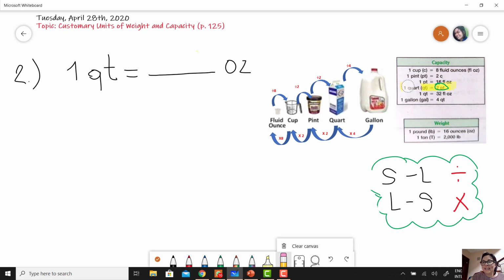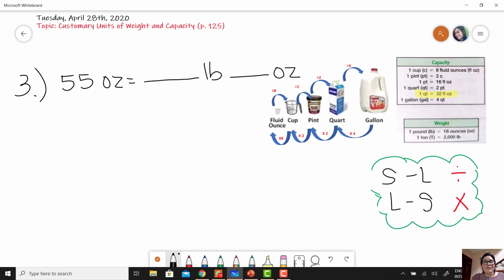So we have to find in the chart quarts and ounces. Where do you have quarts and ounces? Here, right? Look, 1 quart has 32 fluid ounces. So in there you don't have to do anything because you already have that. In 1 quart you have 32 ounces. So just copy 32 ounces. That one was easy.